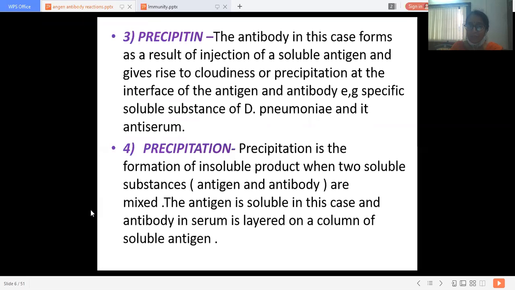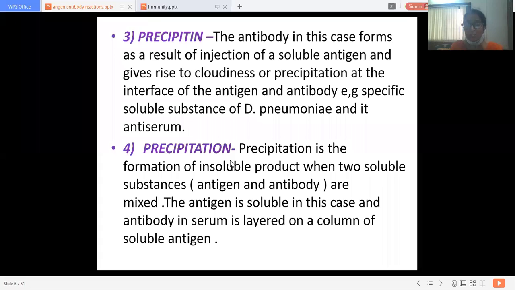Example, the specific soluble substance of diphtheria or pneumoniae, and its antiserum. So cloudiness or precipitation forms at the surface of antigen and antibody when the antibody forms as a result of injection of soluble antigen. It is called the precipitin reaction.